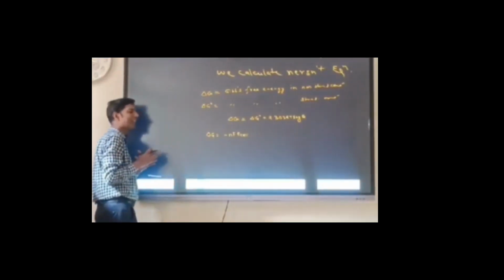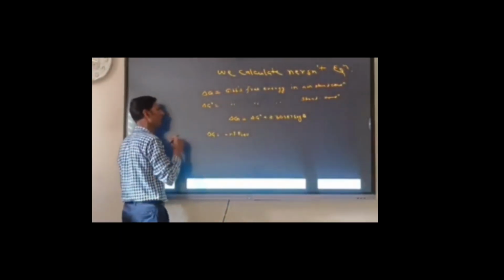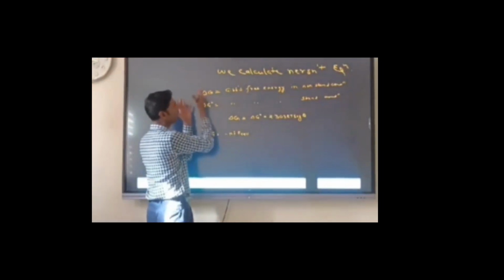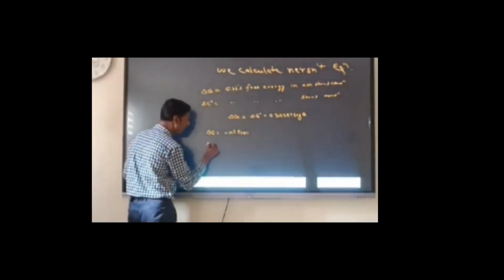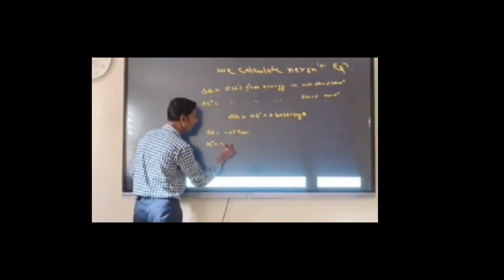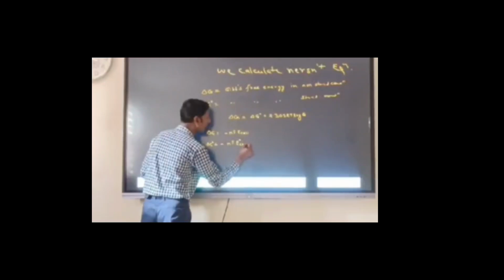I am repeating this. n is the number of electrons exchanged during the cell reaction. F is the Faraday charge. E cell is the cell potential which we are going to use. Del G naught is minus nF E naught cell.